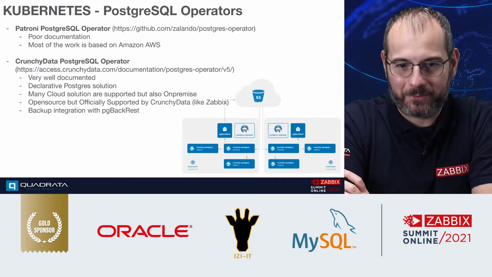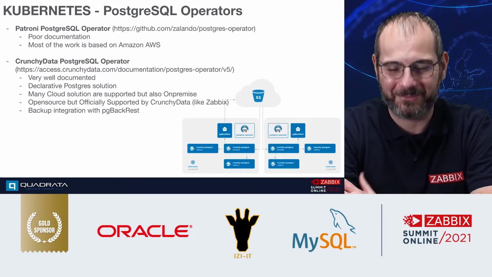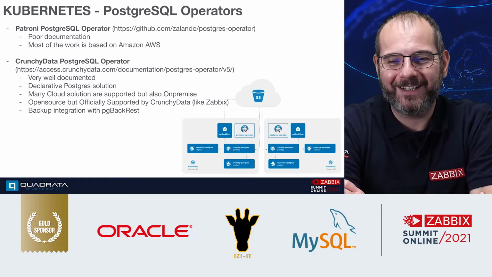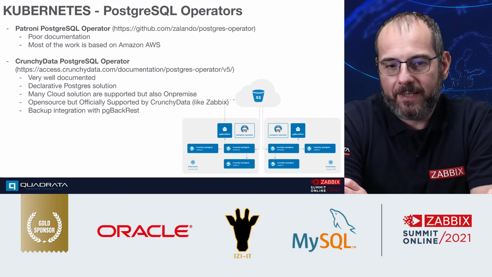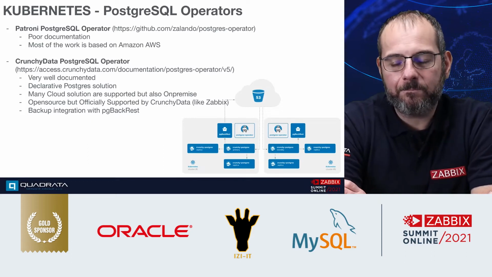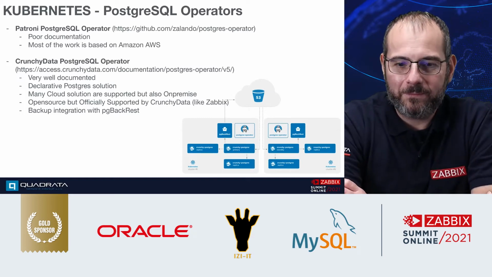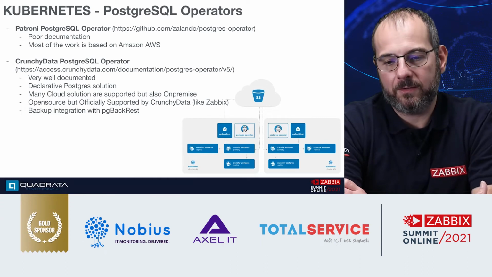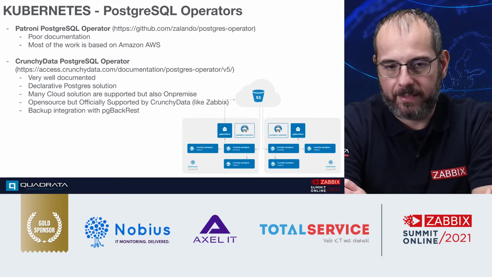And what about Kubernetes? Kubernetes is a new buzzword, maybe a new, very nice architecture. We started to play with Kubernetes 2 years ago, and in the last few months we have been trying to understand if we can start to move some Postgres workload inside Kubernetes.